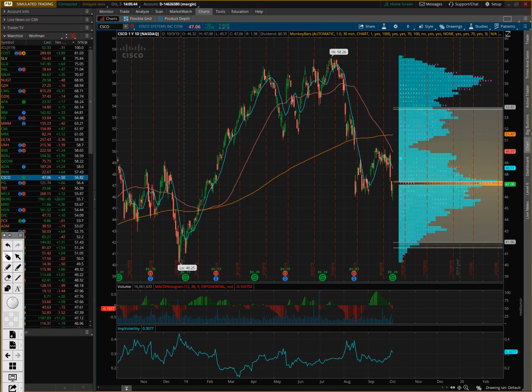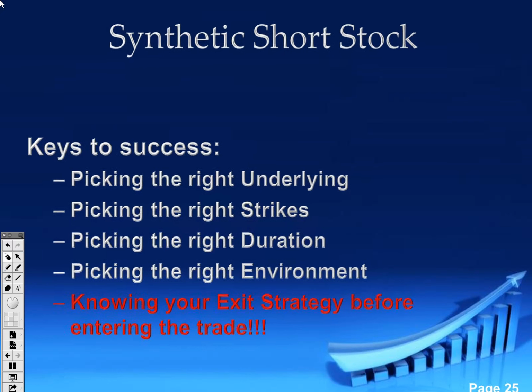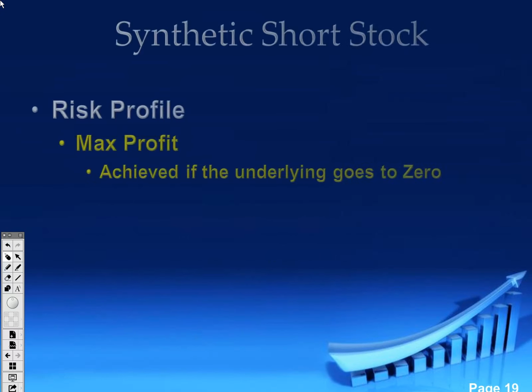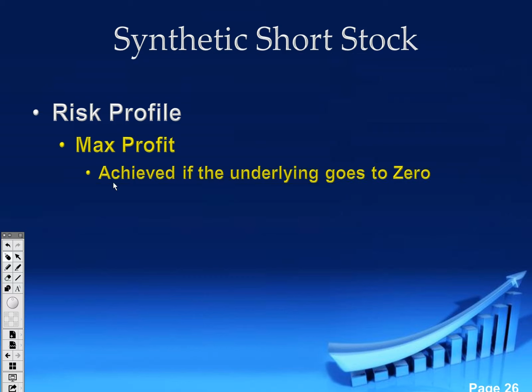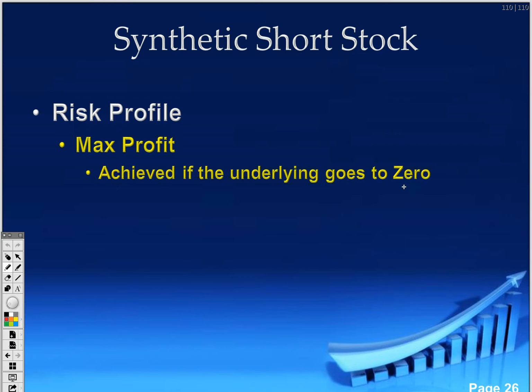Missed your snark. All right, so let's go over quick our risk parameters, right? We talked about this. Your max profit is achieved when the underlying goes to zero. Are we ever going to wait till it goes to zero? No. We're going to look for areas to get out. Now, it's going to be up to you.